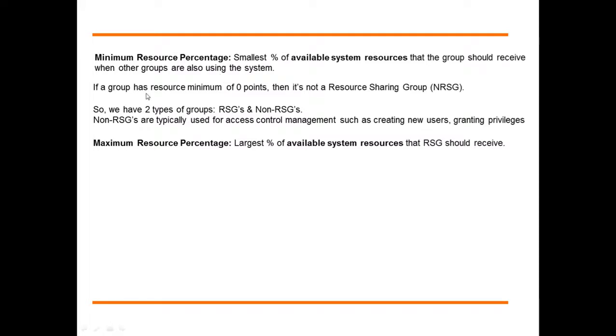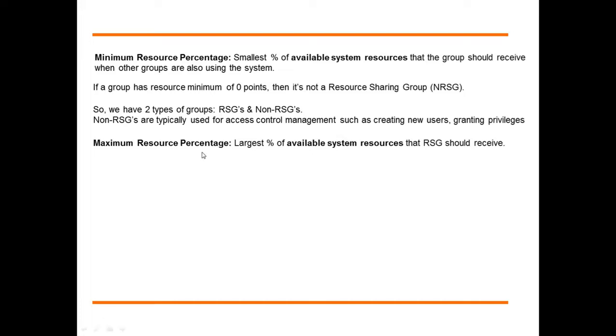If a group has a resource minimum of 0, then it's not a resource sharing group. So we have two types of groups, RSGs and non-RSGs. Non-resource sharing groups are typically used for access control management, such as creating new users and granting privileges.